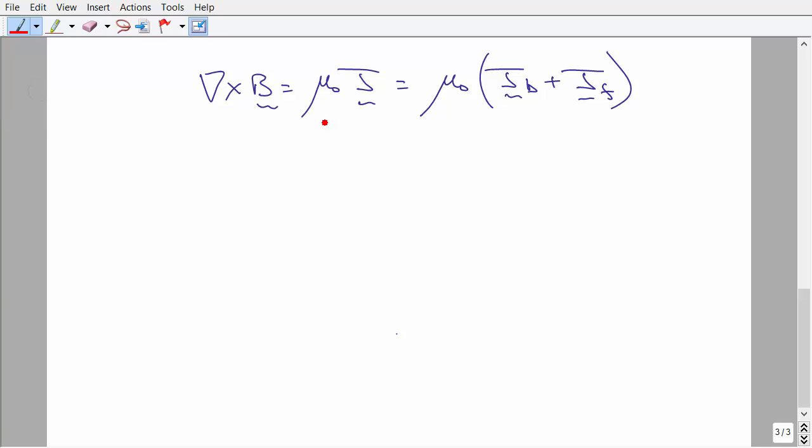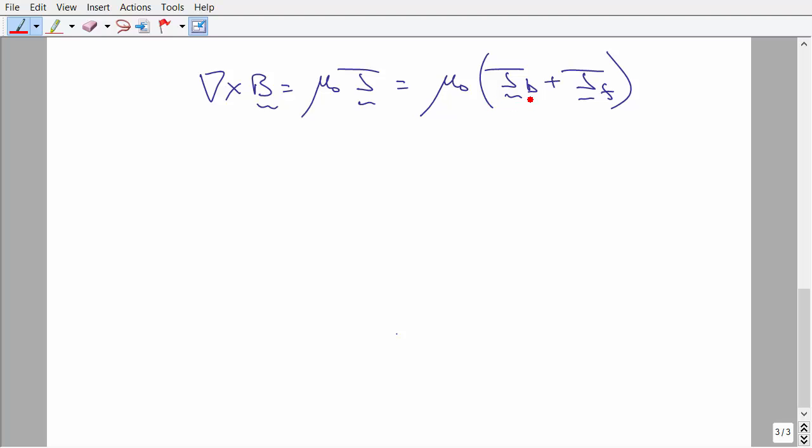Right, so once again, we're going to separate out the total current density J in terms of a bound current density J_B and a free current density J_F. And once again, Maxwell's equation for the curl doesn't make any distinction in terms of where the currents come from, but it's useful for us to distinguish. These are currents that we would inject into the material. These are currents that are present because there is a volume bound current density.